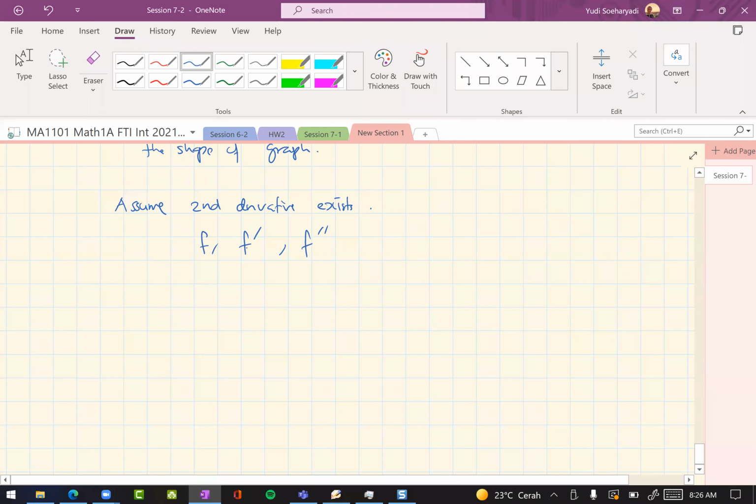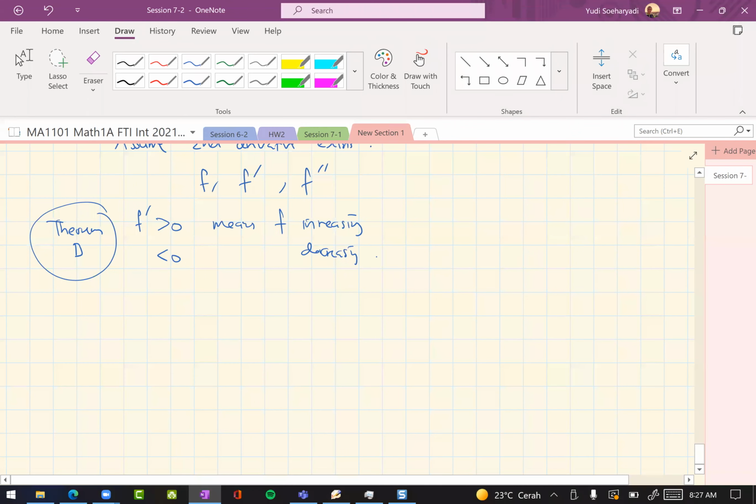F prime negative tells you that f is decreasing. So this is theorem B. All right.